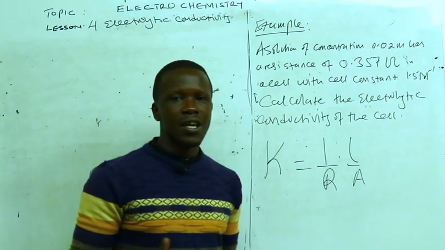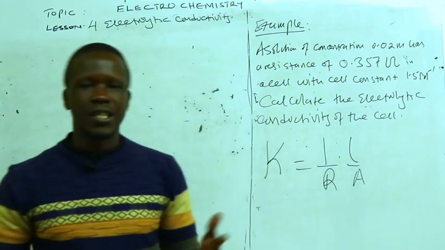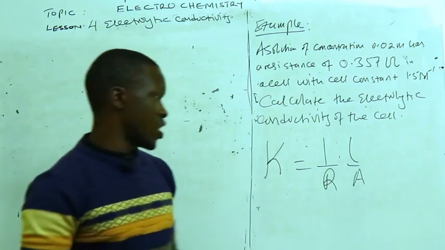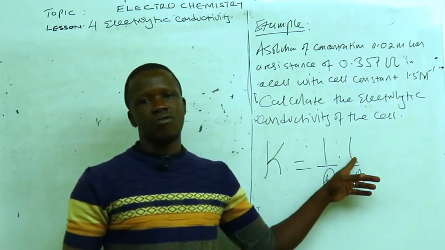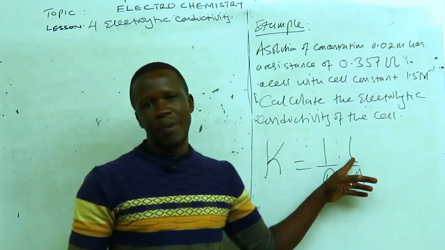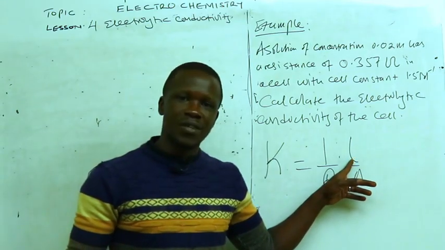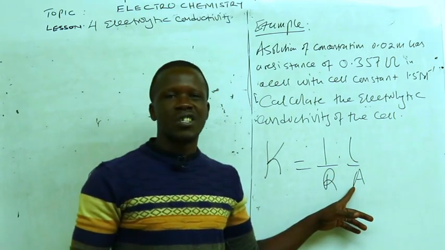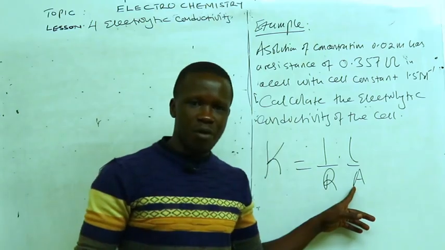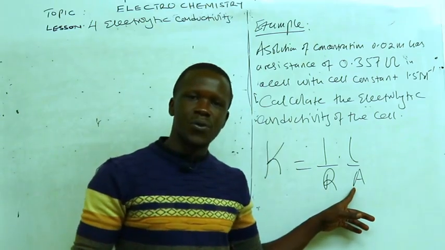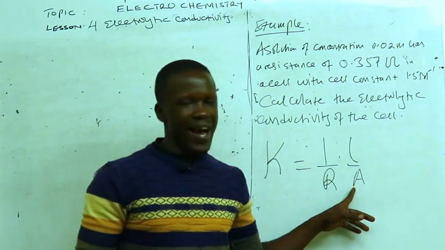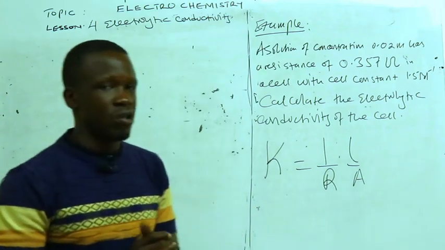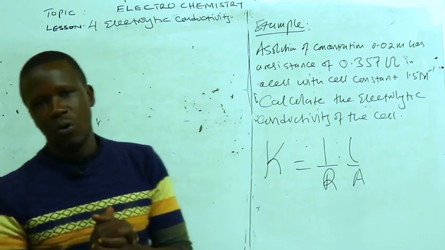So we said it could be defined as the conductance of a solution of an electrolyte which is placed between 2 parallel electrodes of unit distance apart, that means 1 meter or 1 centimeter apart, and unit cross-section area each. That would mean 1 meter squared or 1 centimeter squared at a given temperature. That could be another good definition of electrolytic conductivity.